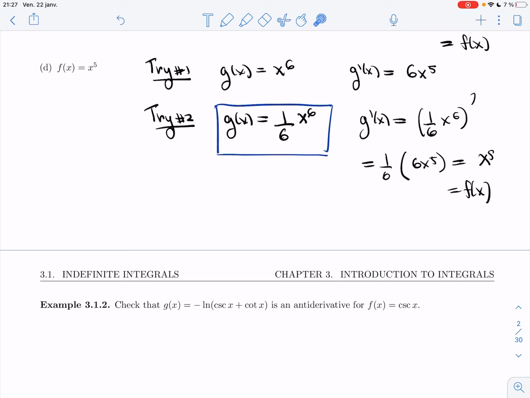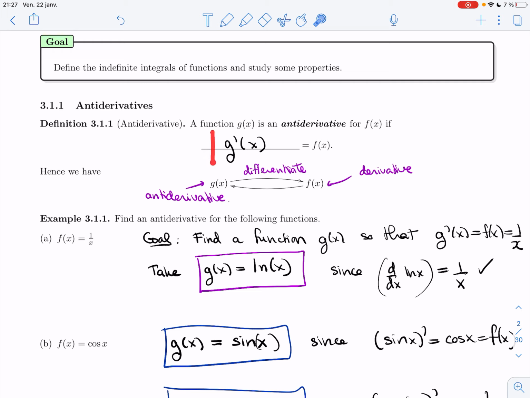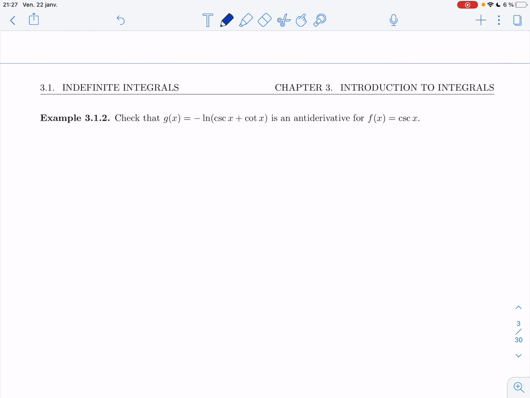In fact, this is pretty much the simplest one. So coming up with this g would be a very hard problem. But once I give you g, if you want to check that this is an antiderivative, all you have to do, according to the definition, is check that the derivative of what I'm giving you gives you f. And so that's what we want to show.